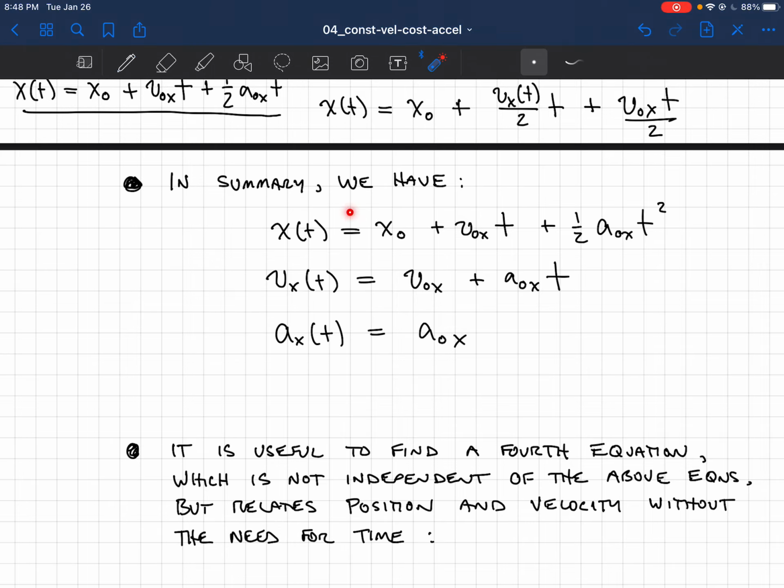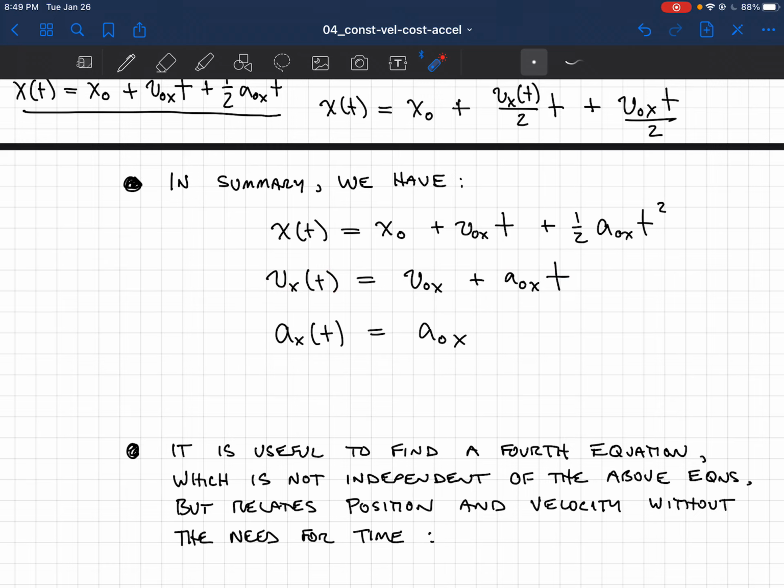Interestingly, these equations now are the algebraic form of those graphs that we made in the first section. So we started out by drawing a constant line for the acceleration graph. Remember, we drew a negative constant. That implied a straight line, so you notice that this is a straight line relationship.